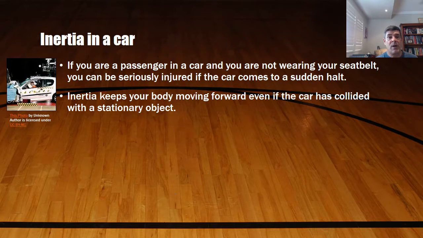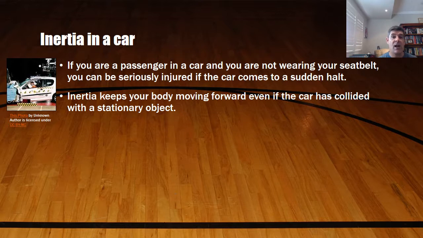The best way of thinking about this is if you're a passenger in a car and you're not wearing a seatbelt, you can be seriously injured if the car comes to a sudden halt. We have many different safety devices, which we'll look at later on, that try to overcome this idea that if there is no net force acting on you, you will continue in your motion.